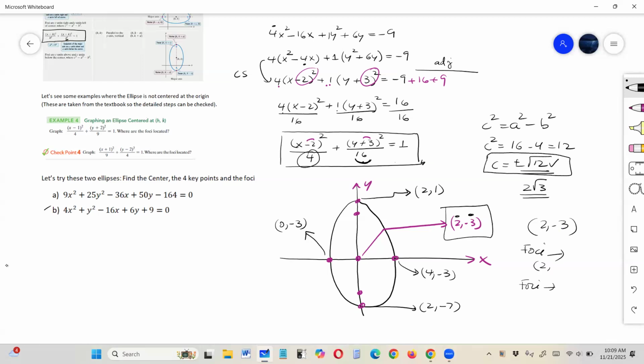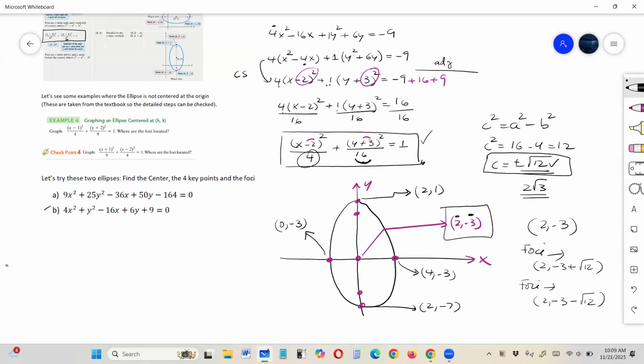So 2, -3 plus radical 12, 2, -3 minus radical 12. That's the way we want to leave the answer. Okay, and then we found everything. We found the equation in standard form. We found the center. We found the 4 key points, and we found the foci. So when we do that, our problem is done.